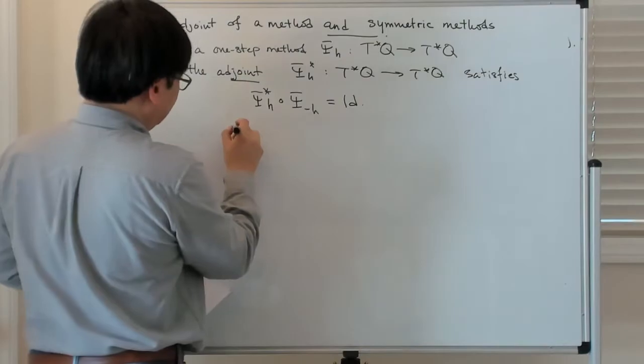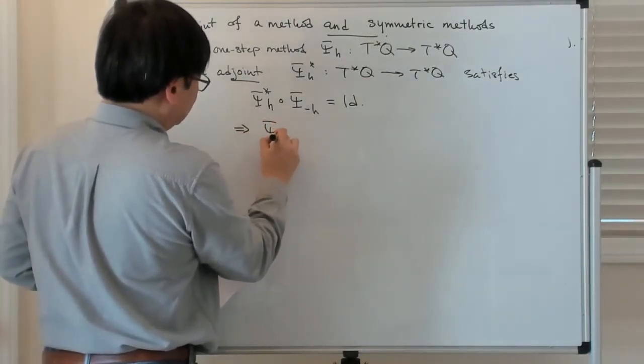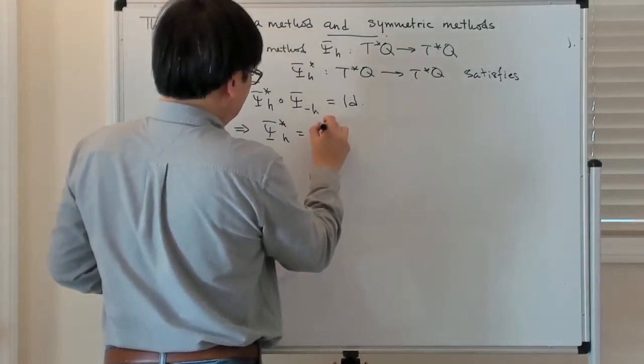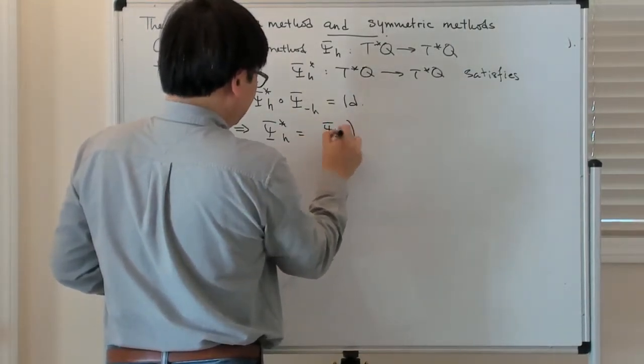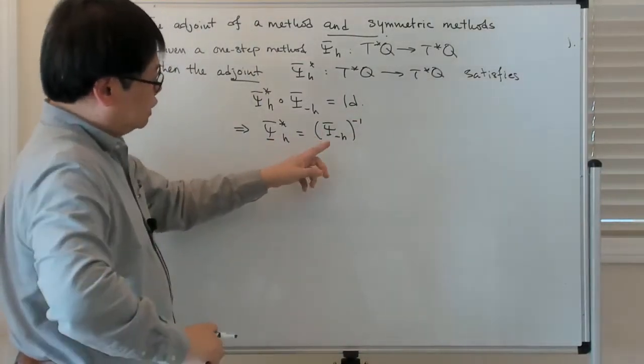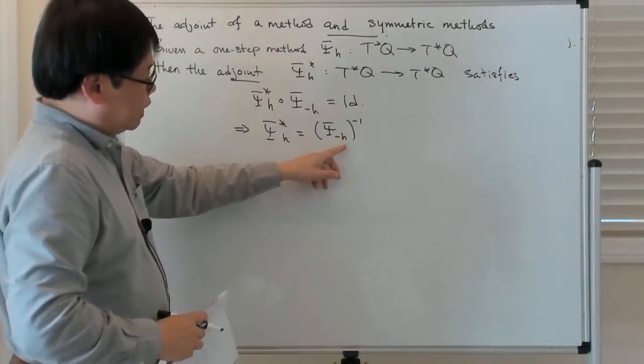Another way of saying this is that the adjoint method is just the inverse of the negative time h one-step method.